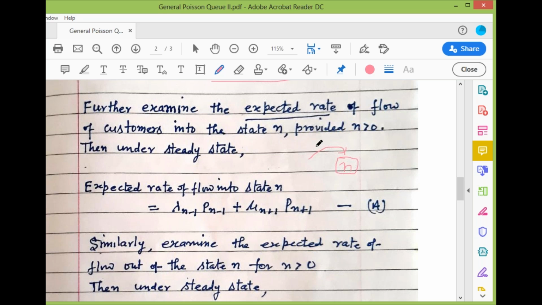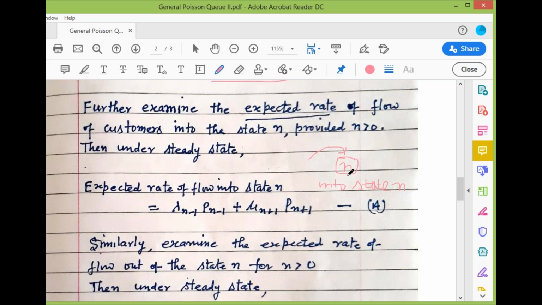This is called into state. This arrival is into state n.